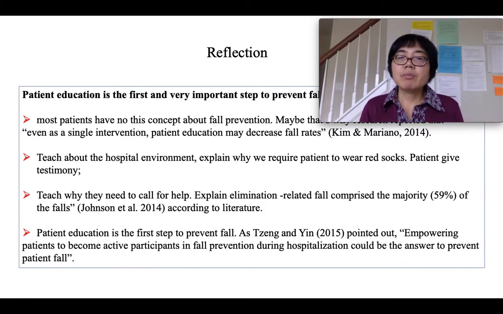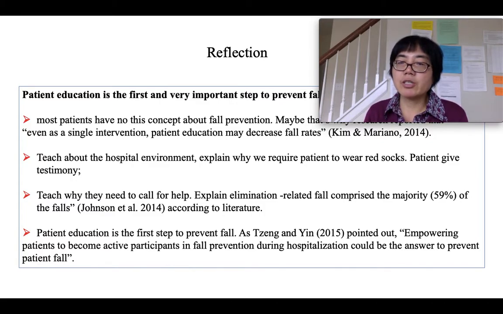I found that patient education is the first and a very important step to prevent patient falls. Once patients know this concept, know how to prevent falls, and know the consequences, they will follow your instructions. As research pointed out, empowering patients to become active participants in fall prevention during hospitalization could be the answer to prevent patient falls.